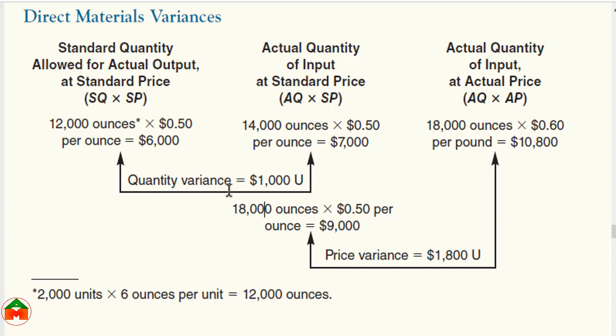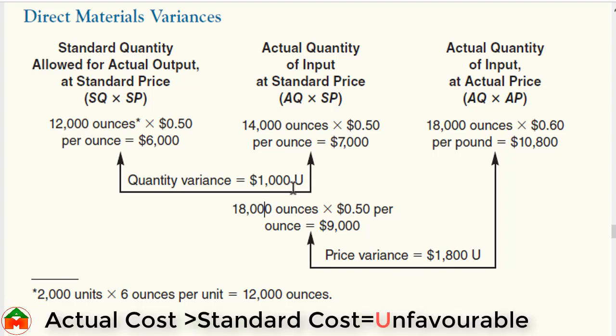Whenever we are calculating variances, we have to show whether it is favorable or unfavorable. When comparing for favorable or unfavorable, we consider this amount as the standard.